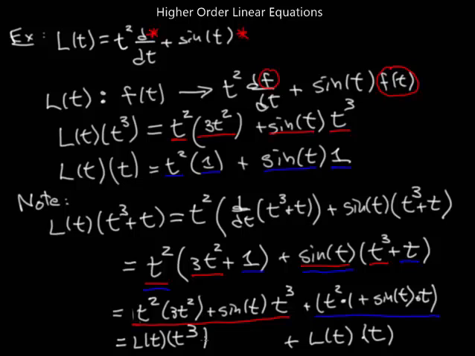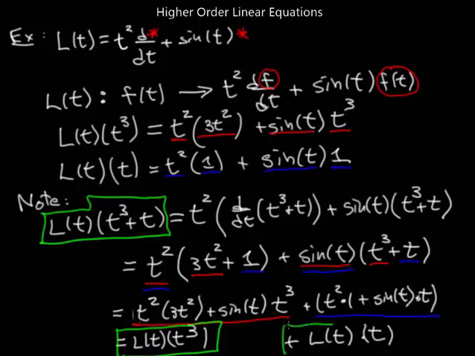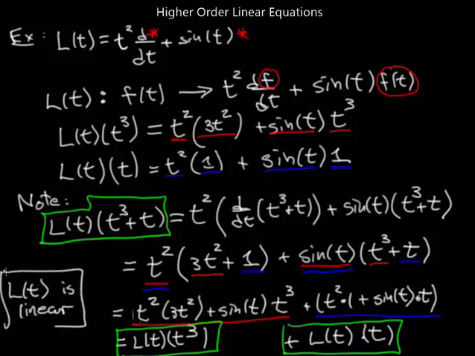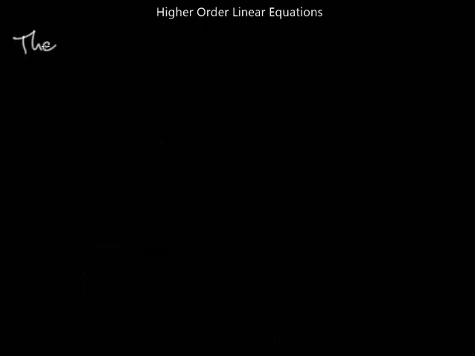That this operator, L of t, applied to the function t cubed plus t, is just the same thing as L of t applied to t cubed plus L of t applied to t. So this says that L of t is a linear operator. And that's the punchline. L of t applied to a sum of functions is the sum. You can apply them to the functions one at a time.